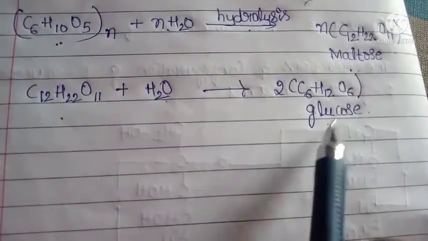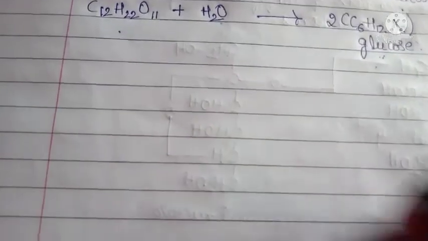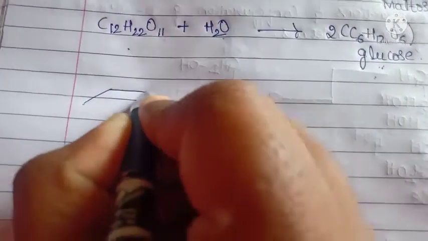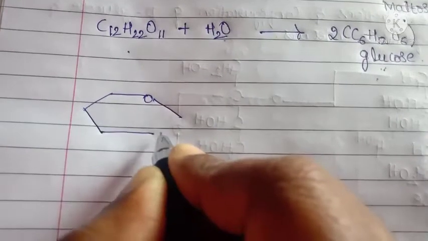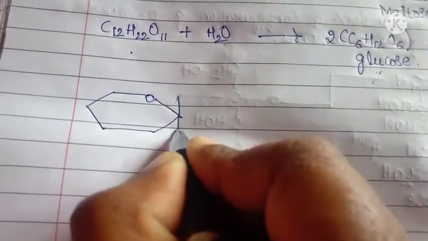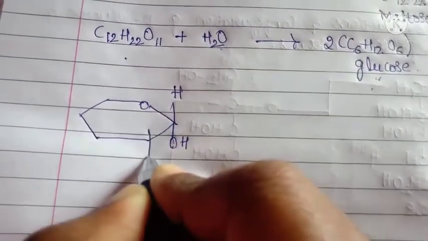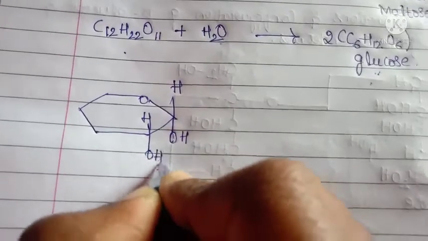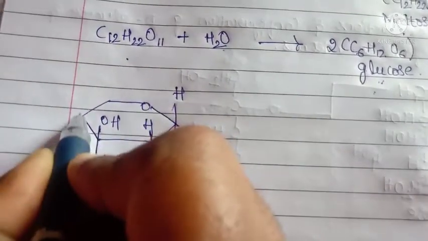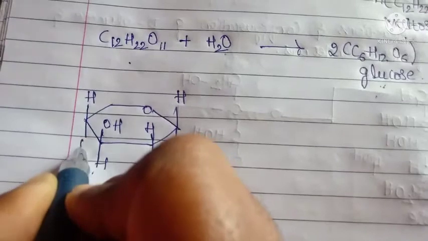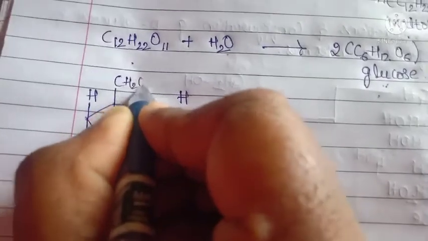Glucose has a pyranose ring, both have pyranose rings because no fructose is formed.